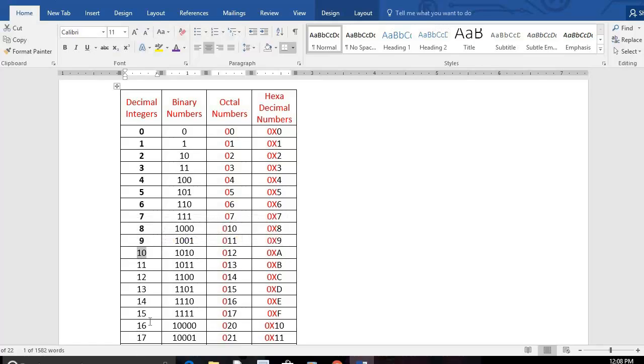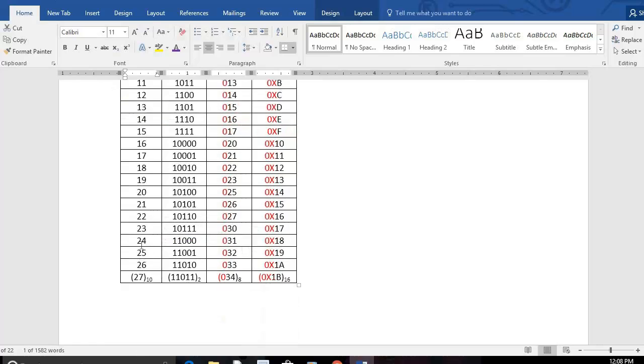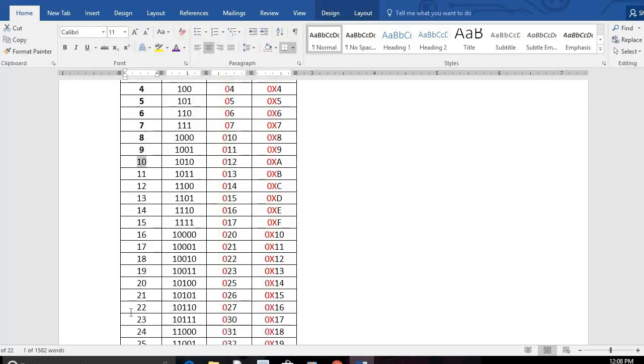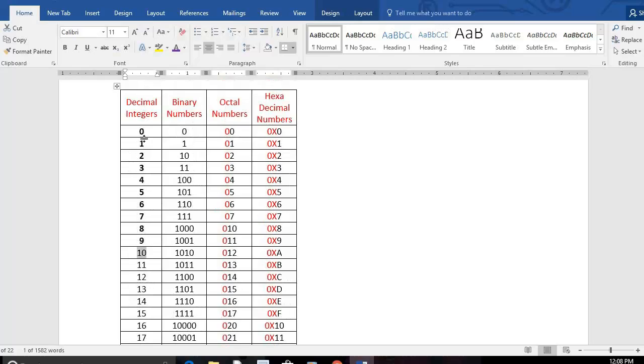This 1 stays on the left side and we increase the right digit: 0, 1, 2, 3, 4. There is no end for this number system. After 9 comes 0, after 1 comes 2, and we call this one 20. Then 0, 1, 2, 3, 4, 5, 6, 7, 8, 9, after 2 comes 3. There is no end for this decimal number system. These are all decimal integers. These are all constants we use while writing computer programs. Computers know only zeros and ones.